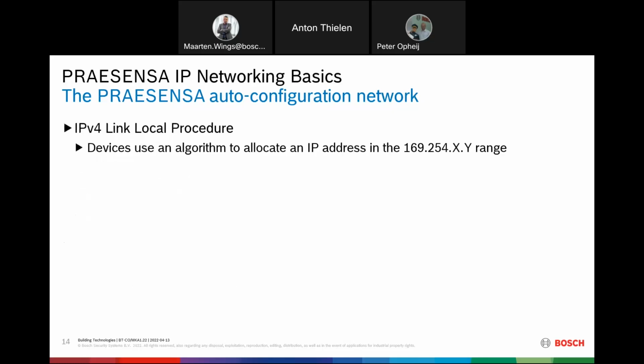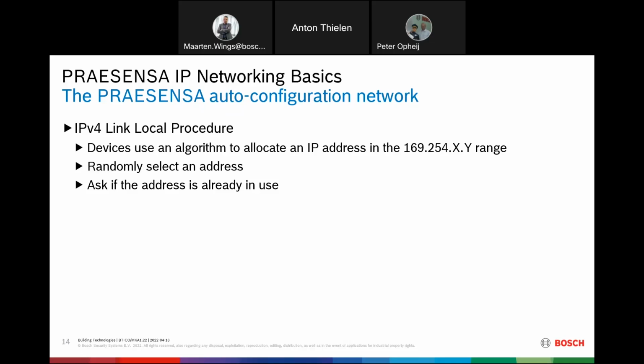How does the procedure work? Well, a device is using an algorithm to allocate the IP addresses in that range, and they randomly select an address, and then ask if that address is already in use. It would be the same as if you walk with 20 people in one meeting room, and everyone shouts one name. My name is Anton, and anyone else here has this name?